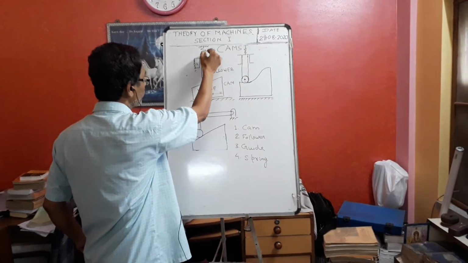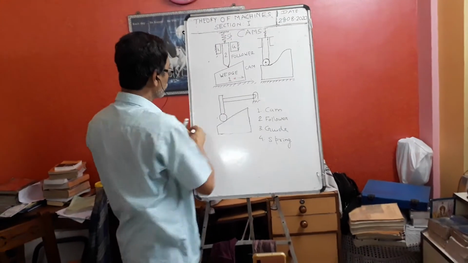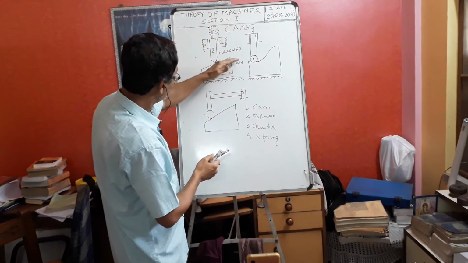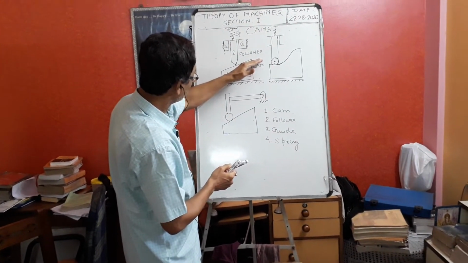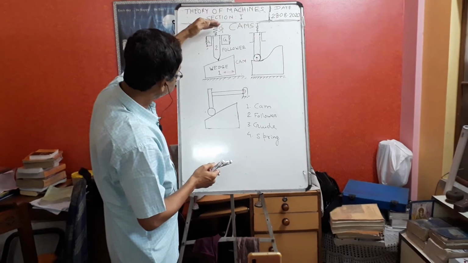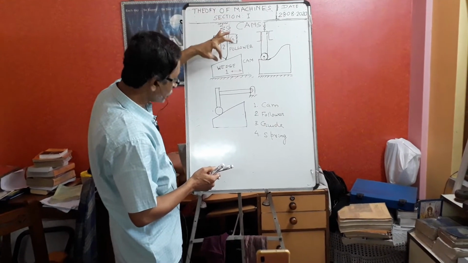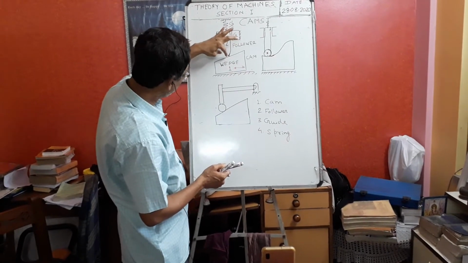And what is the function of the spring? So this is the spring. Suppose this goes up, and when it goes down, the spring force will push it down and make the contact.